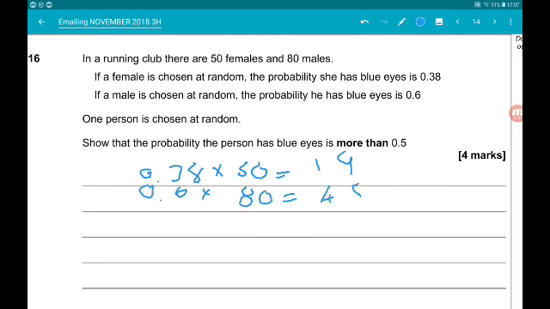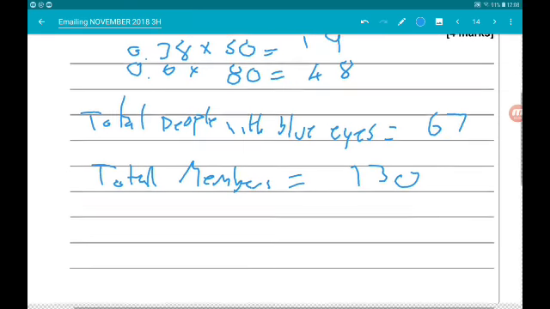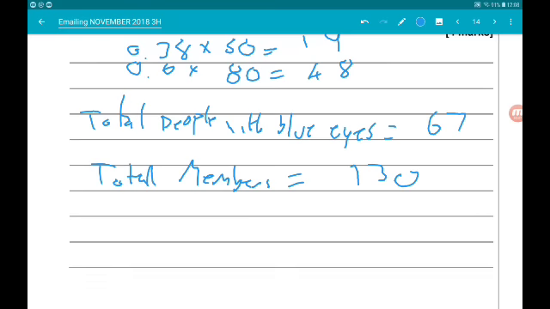Now the total people in the running club is 80 and 50, which is 130. So the fraction of people with blue eyes is 67 over 130.